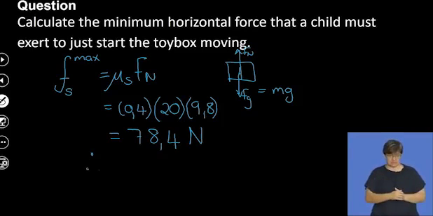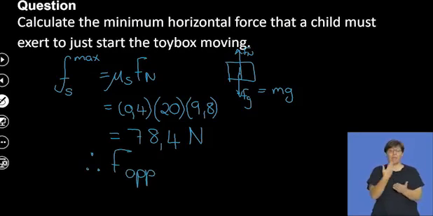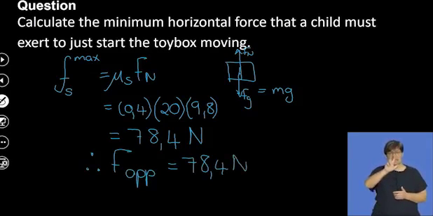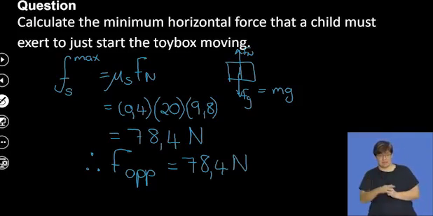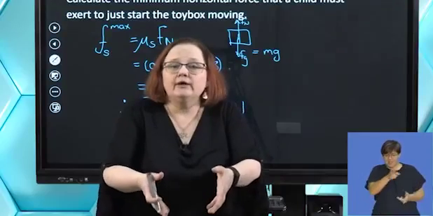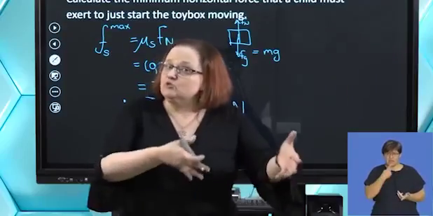That means that the applied force from the boy, F applied, is going to be 78.4 newtons. In the past, I've told you forces are a vector. I cannot put a direction in terms of left, right, up, down. I didn't tell you which way the child was pushing the toy box.